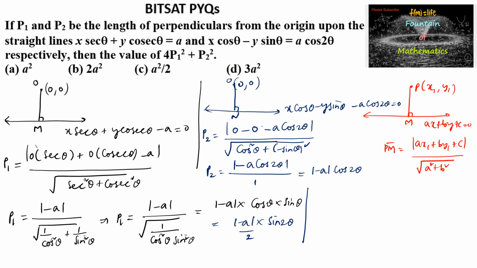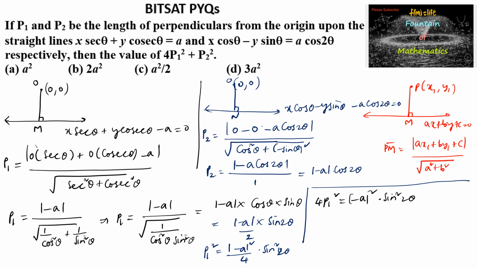So P1 square is equal to mod of negative a whole square divided by 4 times sine square 2 theta, which implies that 4 times P1 square is equal to mod of negative a whole square into sine square 2 theta. And similarly here, P2 square is equal to mod of a whole square into cos square 2 theta.